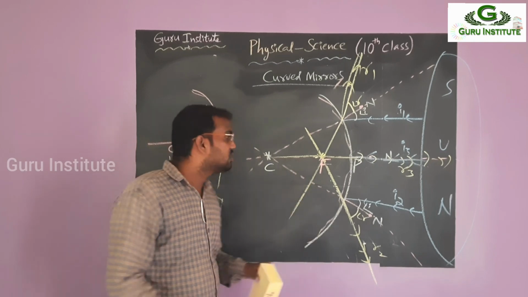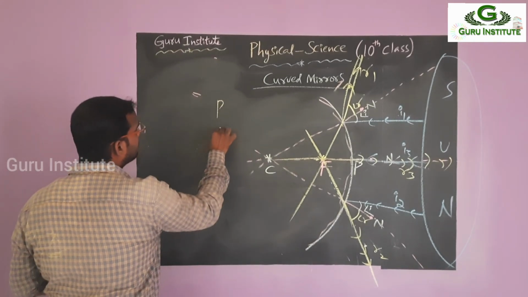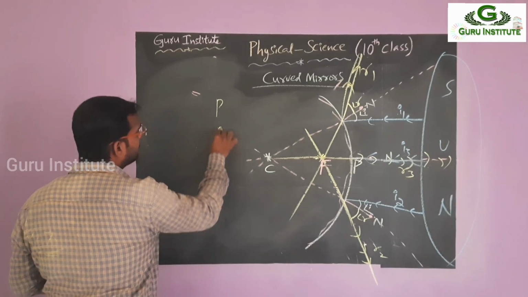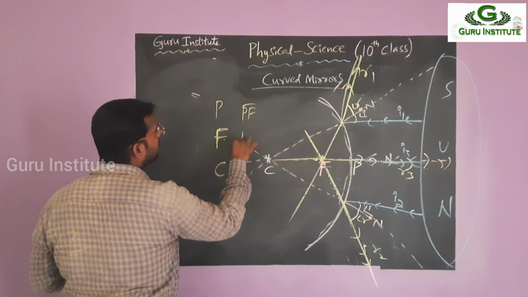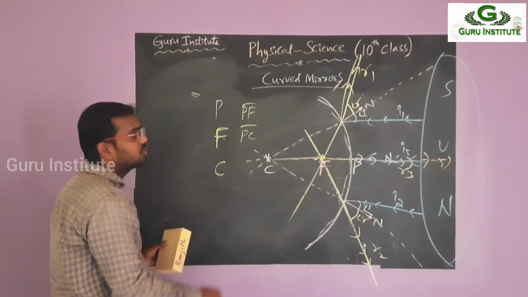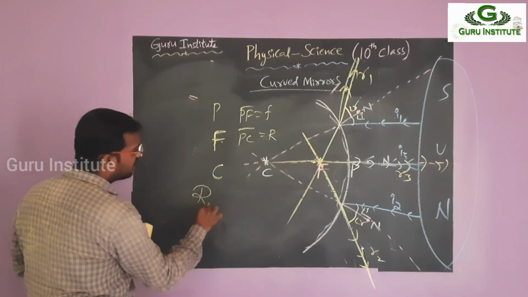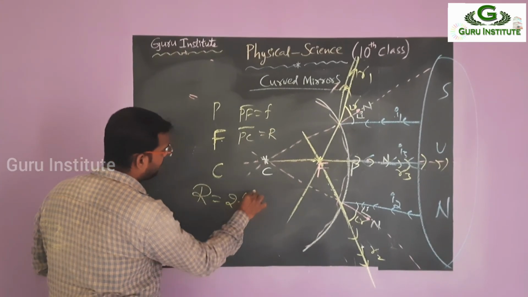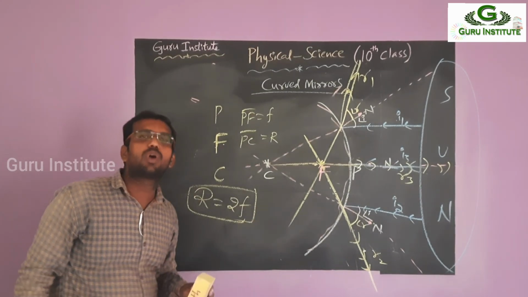So today we are discussing only the P point, F point and C point, PF and PC. PF is nothing but F, PC means R. From this we can conclude that R is equal to 2F. So the radius of curvature of any mirror is 2 times the focal length.